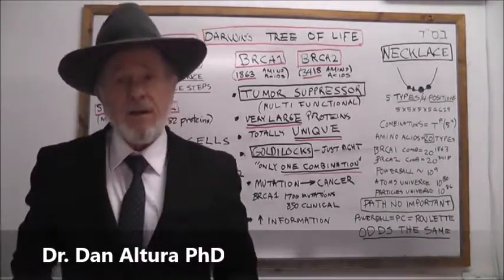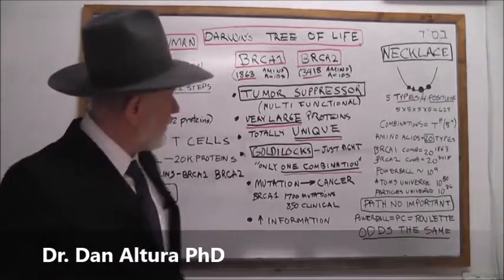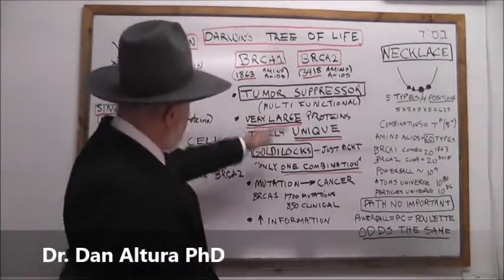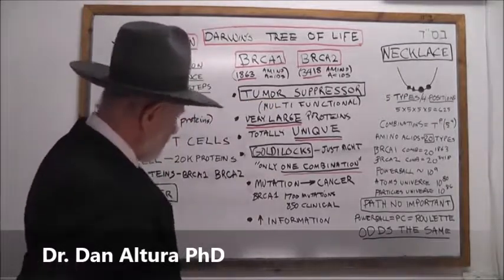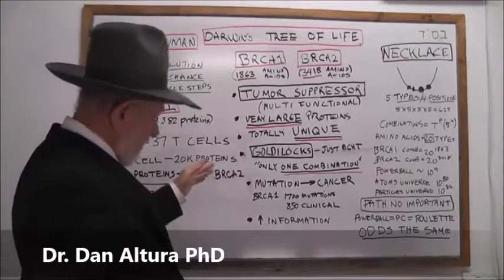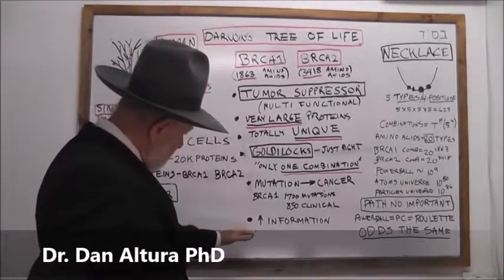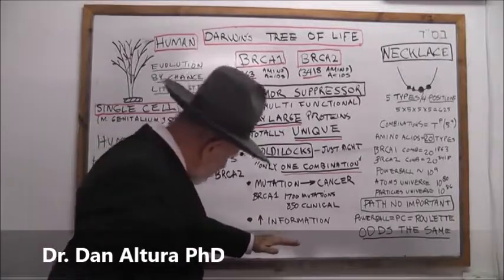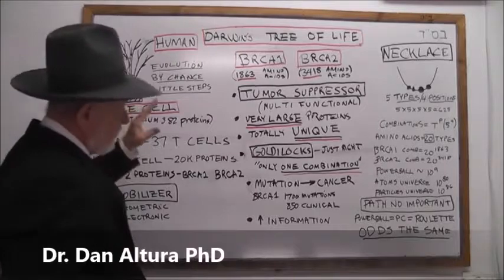In other words, they cause cancer, because BRCA1 is not doing its job as a tumor suppressor. And one more thing, these two proteins and the genes that code for them have a tremendous amount of information, which the single cell does not have.